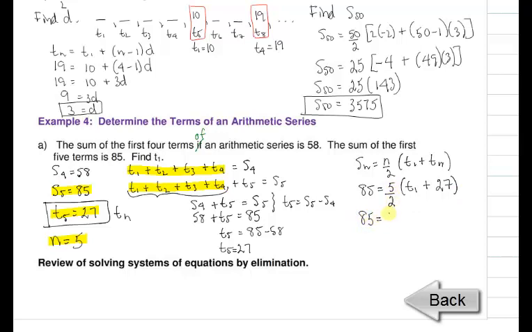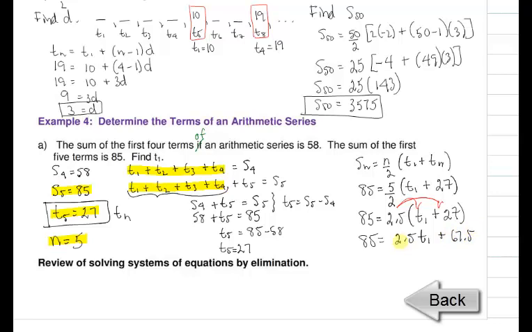So 5 divided by 2 is 2.5. And I'm going to times that by T1 plus 27. So I have to distribute. And so I get that 85 is equal to 2.5 times T1 plus, and 2.5 times 27 is 67.5.